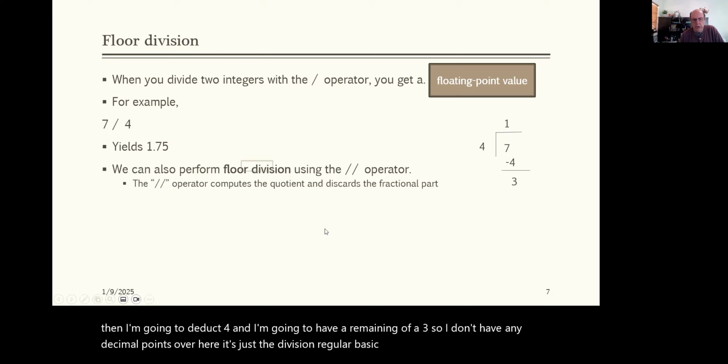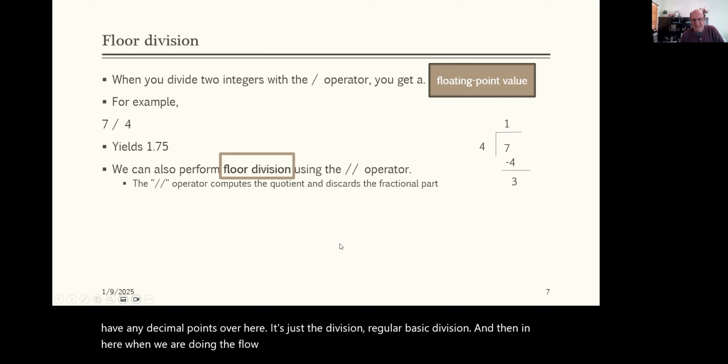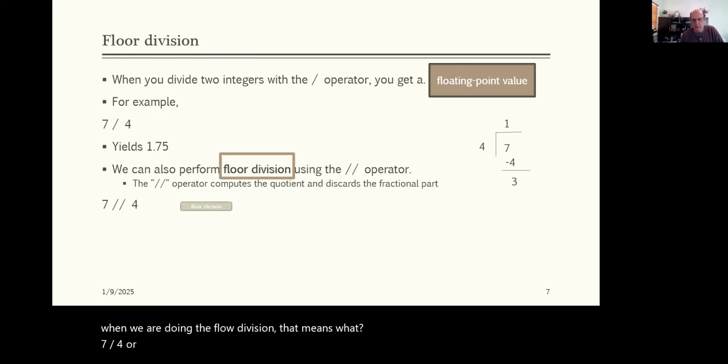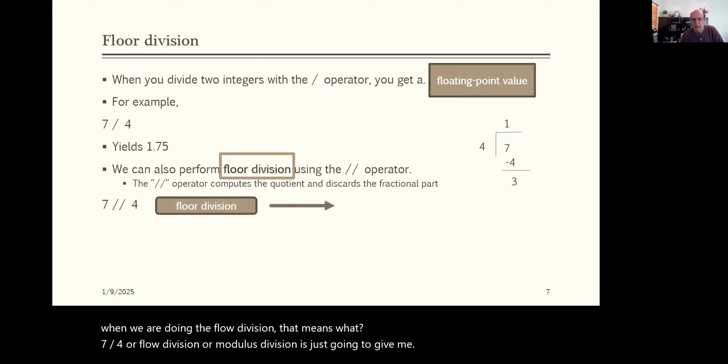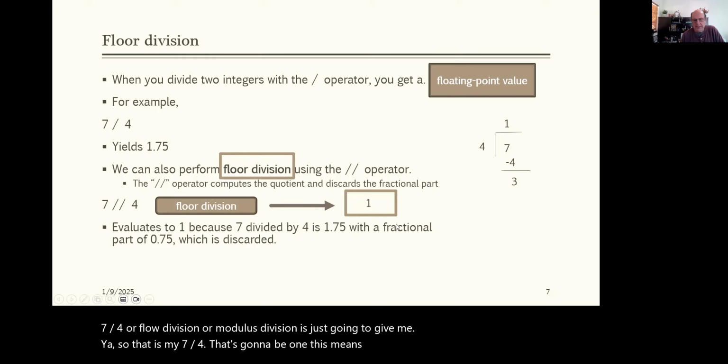And then when we are doing the floor division, what does that mean? 7 divided by 4 with floor division is just going to give me 1. That means we don't have any decimal point.